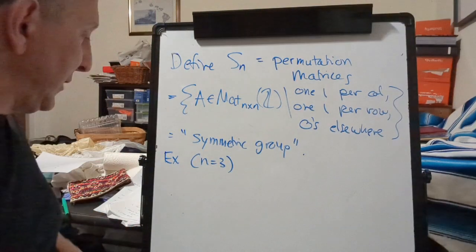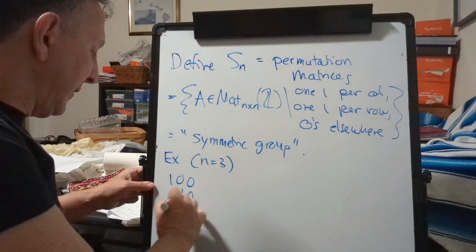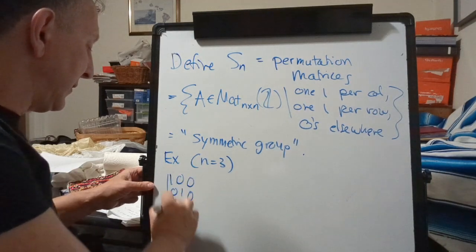When n equals 3, we have the identity matrix.